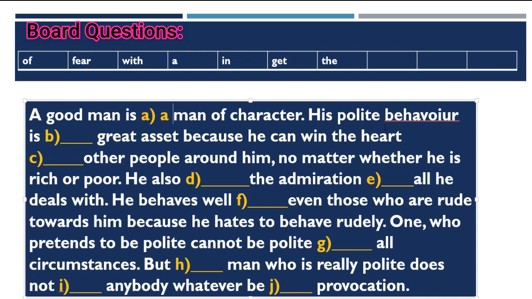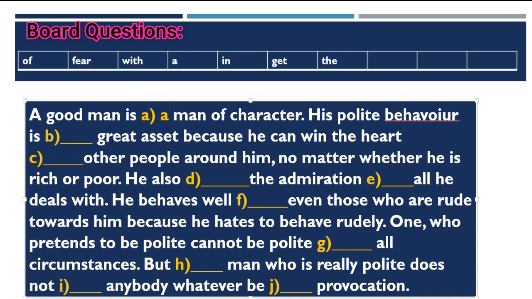His polite behavior is dash great asset because he can win the heart dash other people around him. Again you see after the gap there is great, which is an adjective, and asset is the noun.